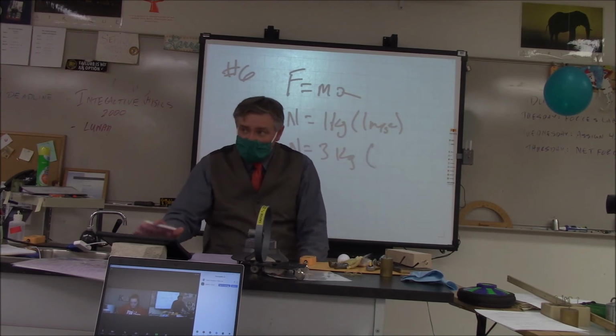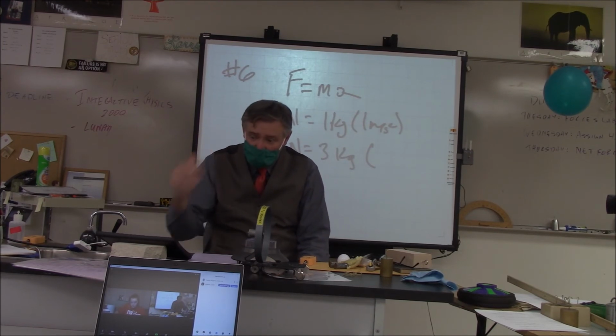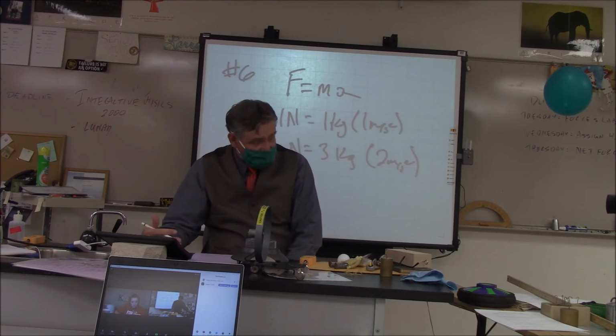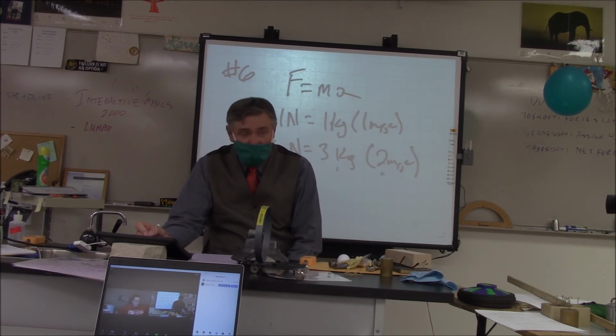So to make this thing balance out, what's going to happen to my acceleration? It has to be 2. So my acceleration is going to double. So if I increase the force by 6, I triple the mass, that means my acceleration is going to go up by a factor of 2.